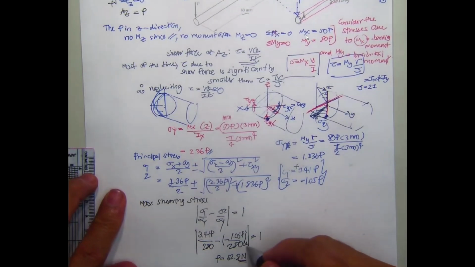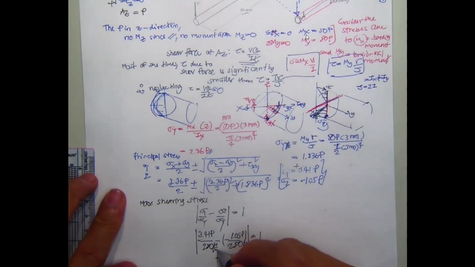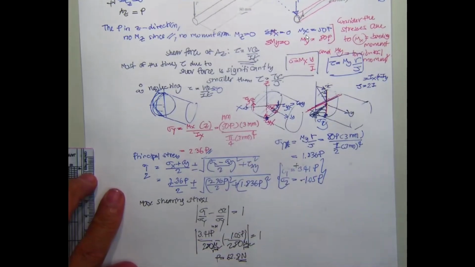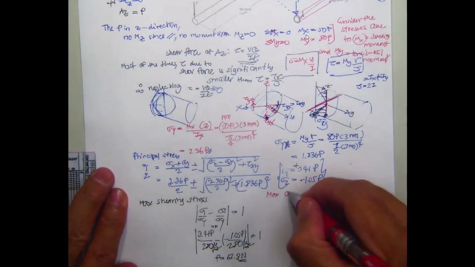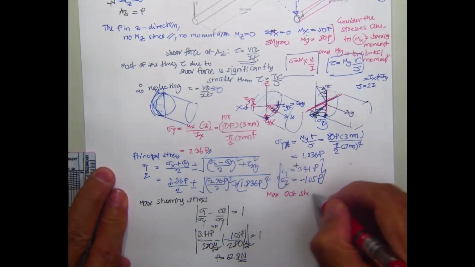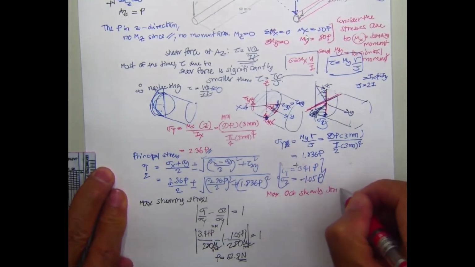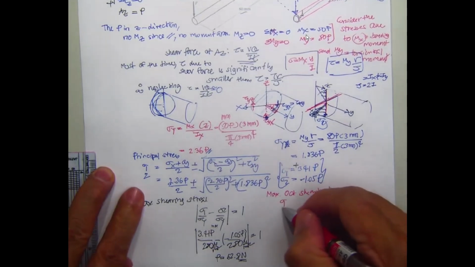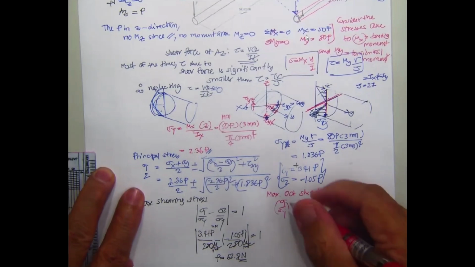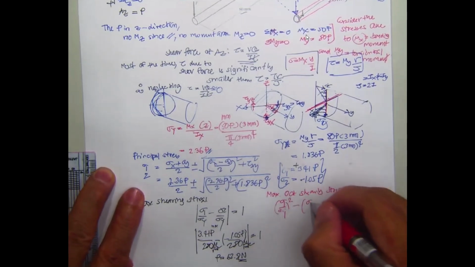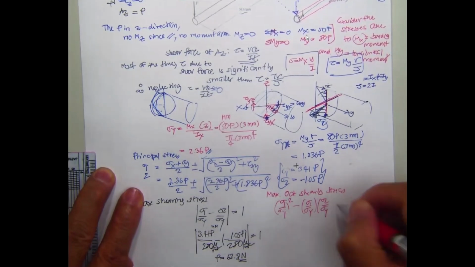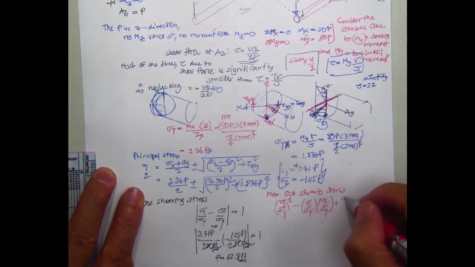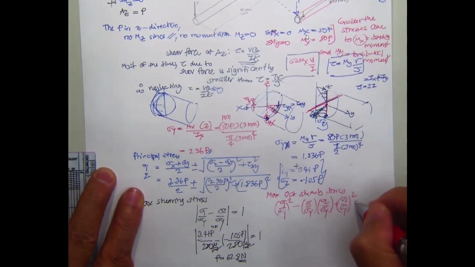Since this one is in Newton per square millimeter, this one in Newton per square millimeter, and this equation in millimeter, P is going to be in Newton. If you use maximum octahedral shearing stress, that's going to be sigma 1 divided by sigma y, squared, minus sigma 1 over sigma y times sigma 2 over yielding stress, then plus sigma 2 over sigma sub y squared equal to 1.